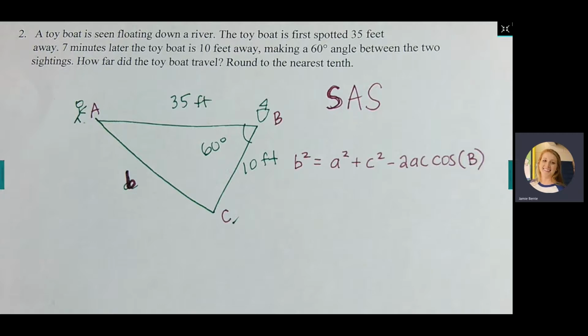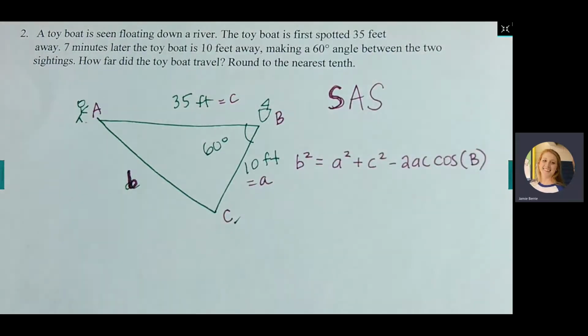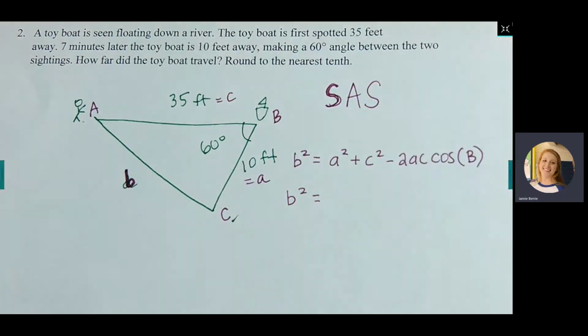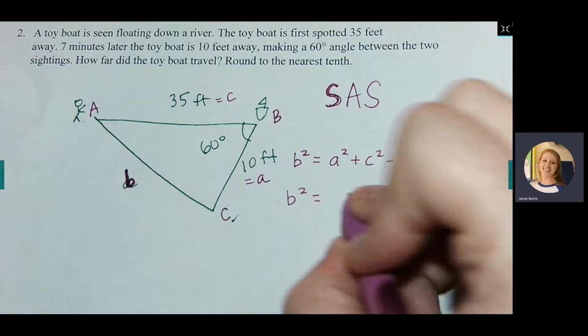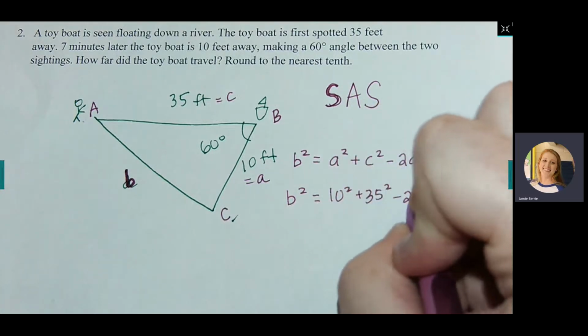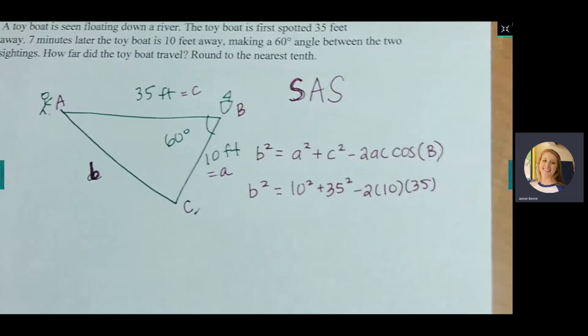All right, so little a is 10, little c is 35. So that's b squared equals 10 squared plus 35 squared minus 2 times 10 times 35 times cosine of 60 degrees.